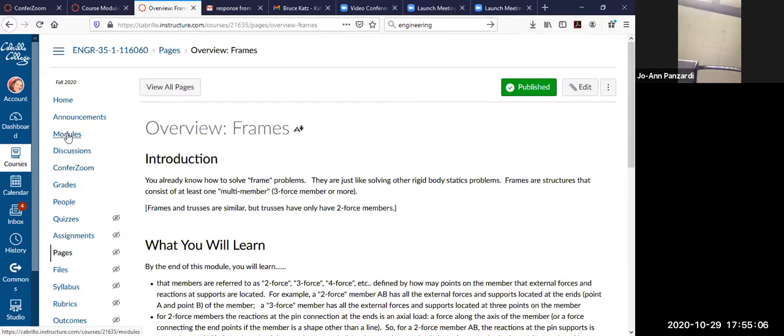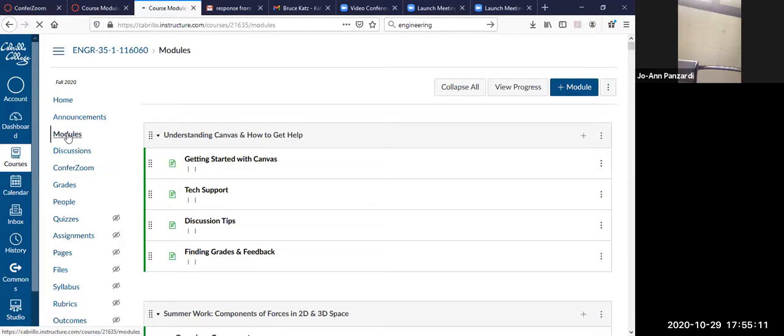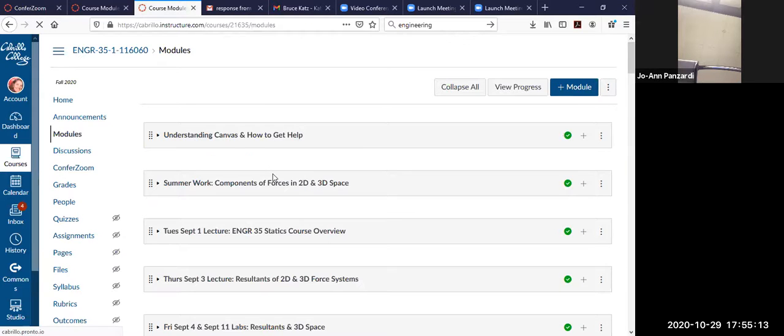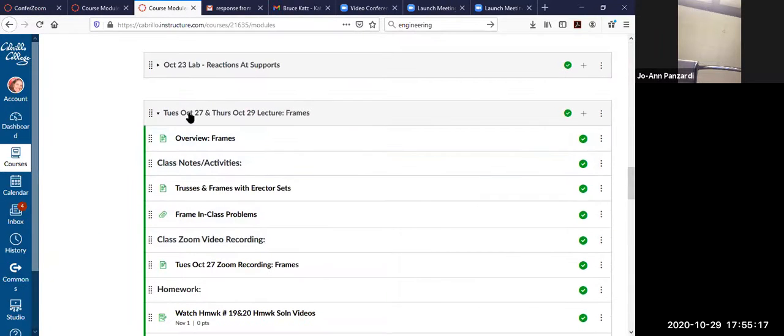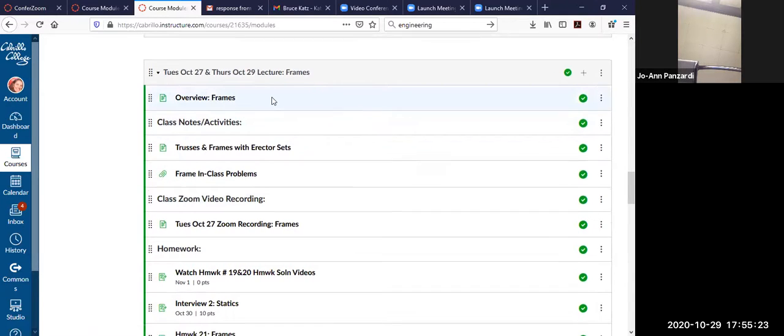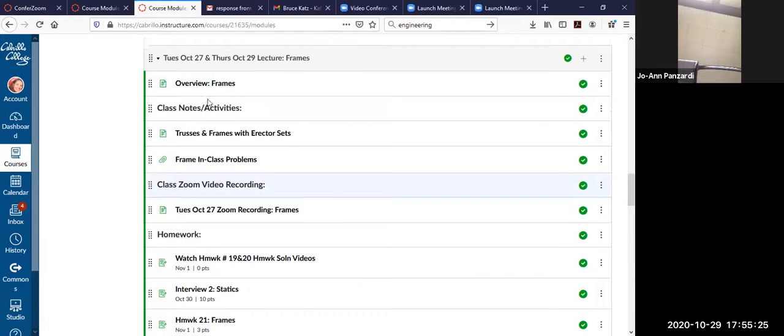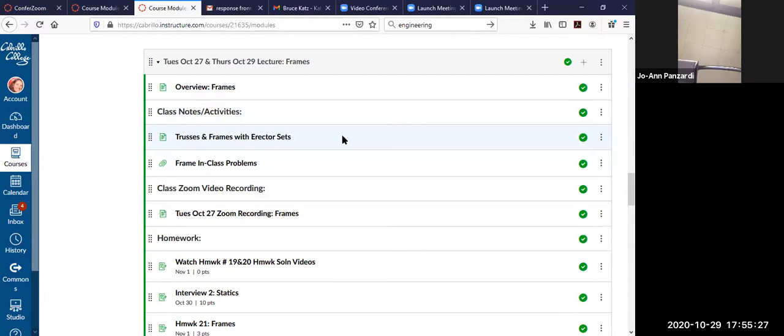Okay, last thing I want to do. So this is the module from Tuesday, just a couple of days ago, and today, and it's all on frames. Here's the overview we just did. Here are the photos of the erector sets, just to give you an idea of what a truss looks like versus a frame.